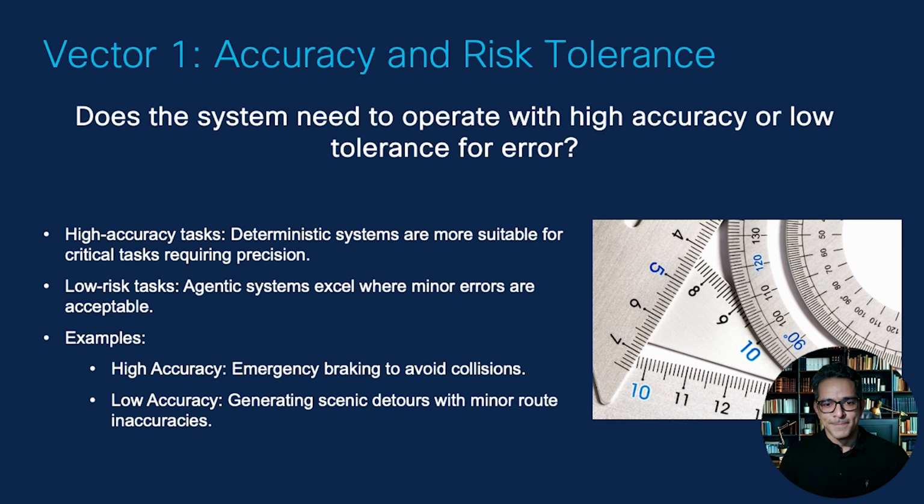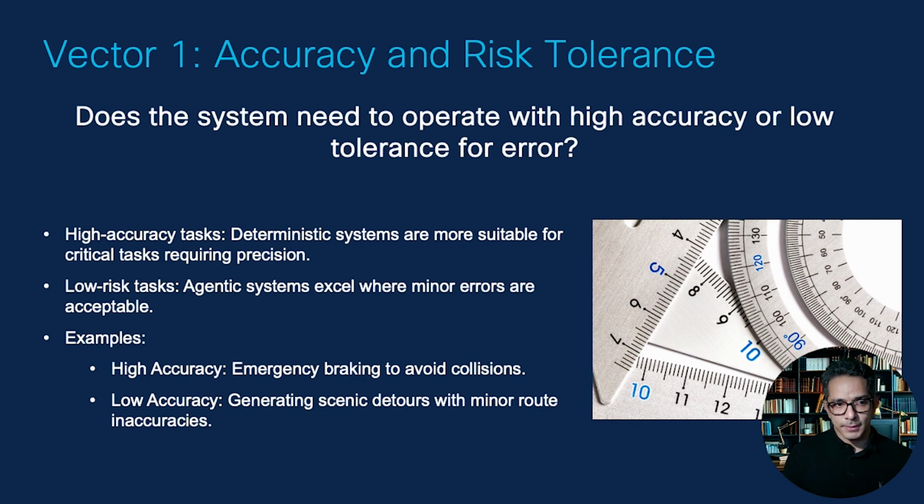All right, vector one, given a system or a task or a product or a service, I'll just use the word system. Does the system need to operate with high accuracy or low tolerance for error? So this is the vector of accuracy and risk tolerance. As I'm sure you'll predict, for tasks that need high accuracy, deterministic systems are more suitable, right?